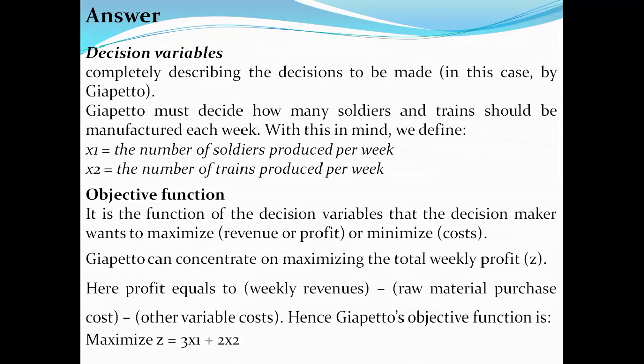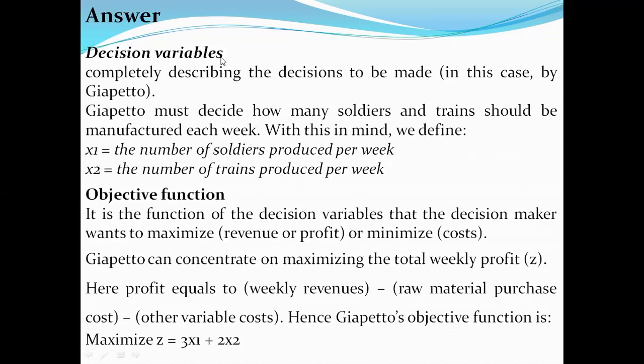But the time for manufacturing a soldier is 3 hours, finishing work plus carpentry work. In the case of trains, we have 2 hours, 1 hour for finishing and 1 hour for carpentry. So here we'll be applying these variables.